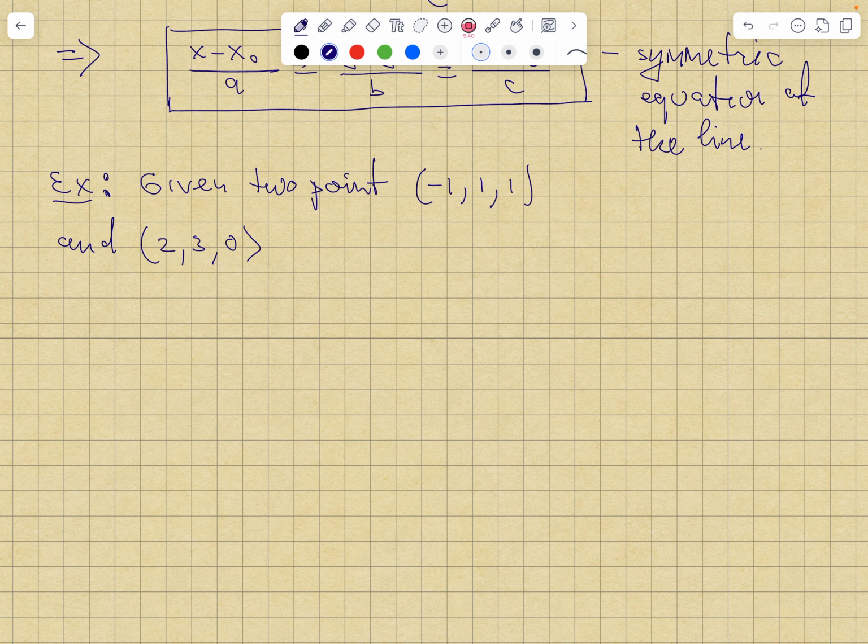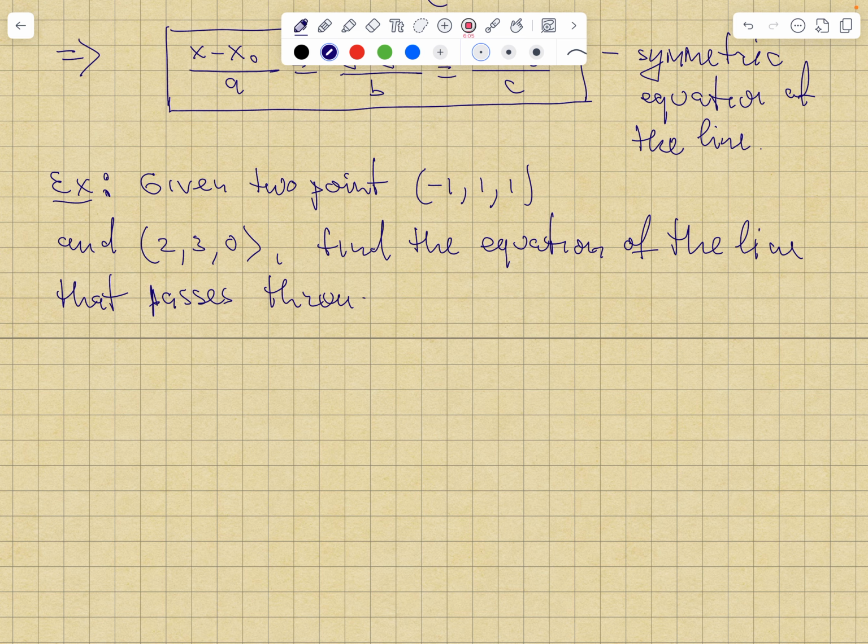I want to find the equation of the line that passes through, let's call this P and this one Q, passes through P and Q. This is not a very complicated story, because for an equation of a line, I need to simply figure out the vector in my direction and the point that I want to pass through.